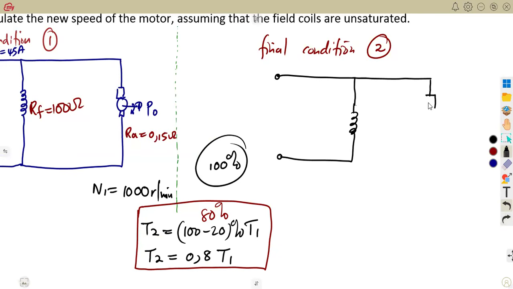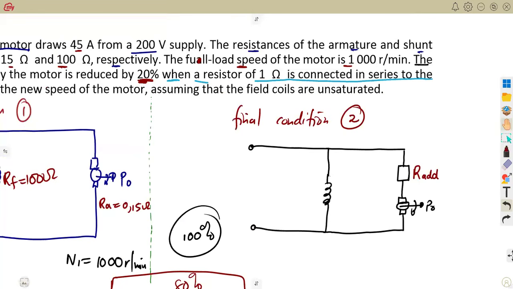So the part of the armature is just going to remain as it is. You had your P out, isn't it? Only that there is now an additional resistor which is connected in series. And we are given that this additional resistor is 1 ohm. So this is what you're going to have, guys.